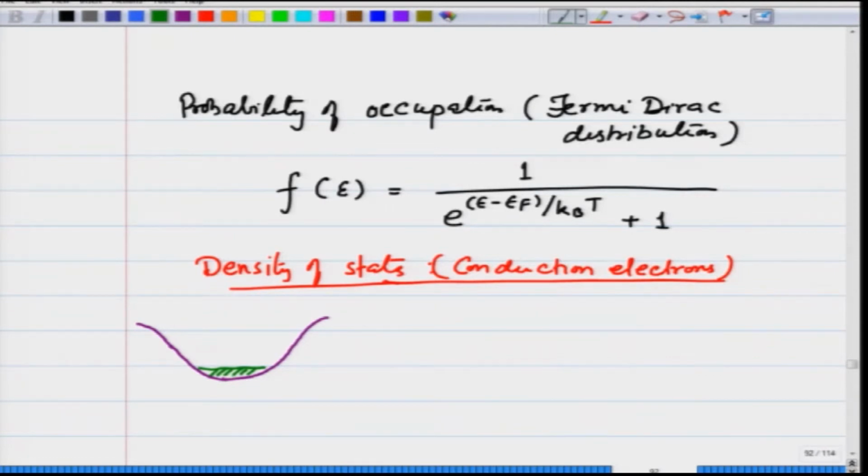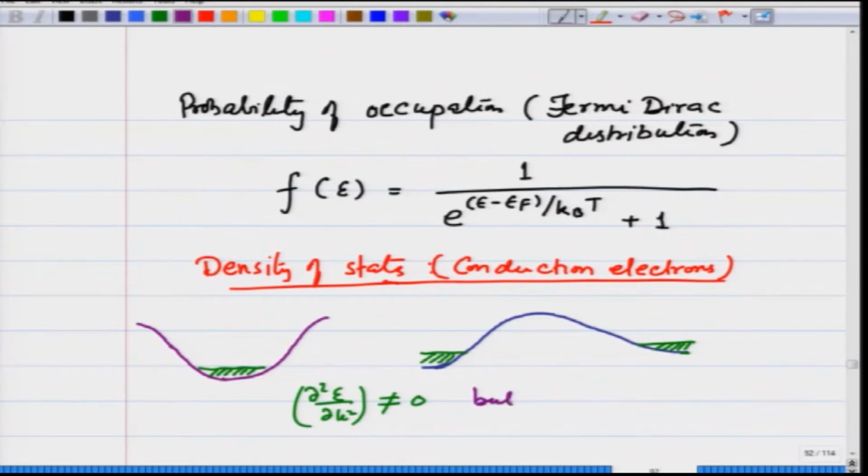You may think I made it in a particular way, that is why it looks like this. Even if the band was like this, the other way, then it will be filled again at the bottom. And near the bottom, d2E by dk square is not 0, but dE by dk is 0, because we are talking about the minimum of the energy.